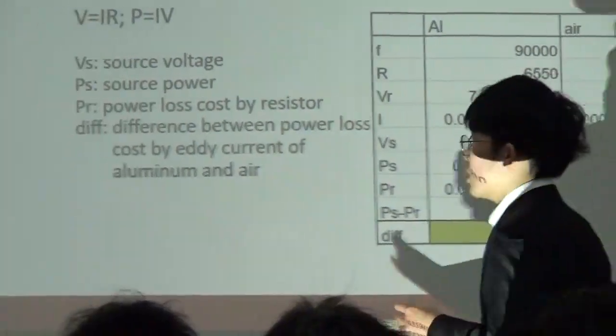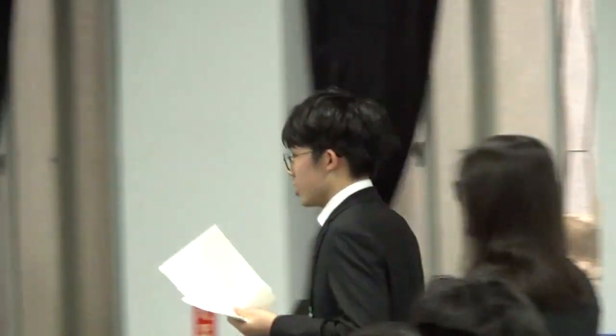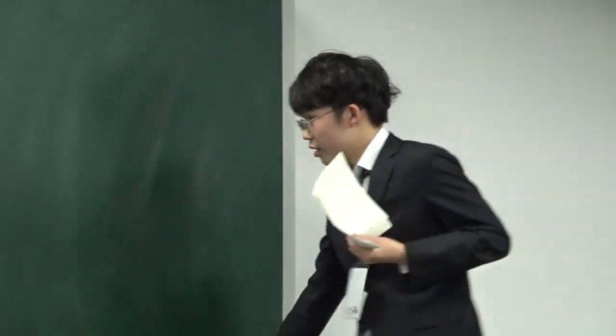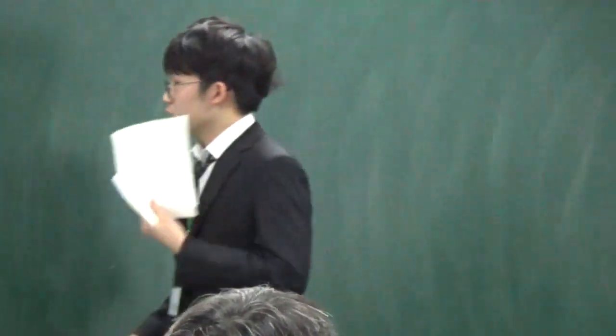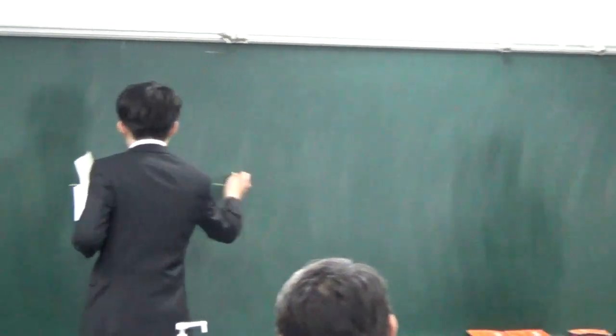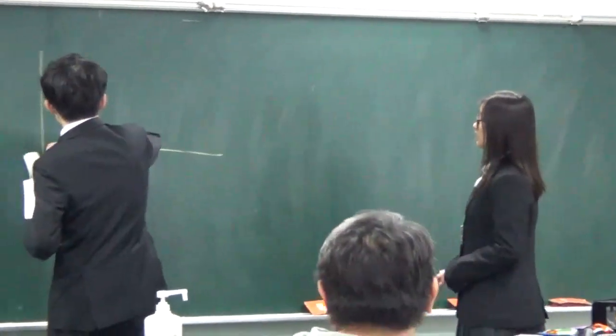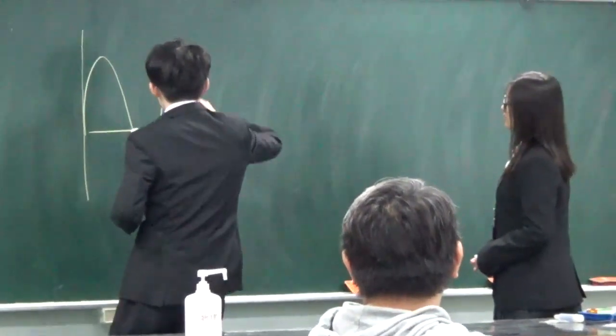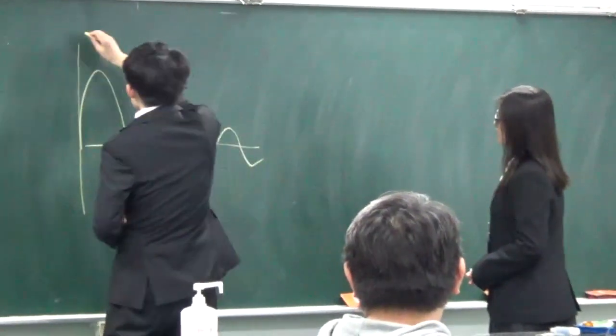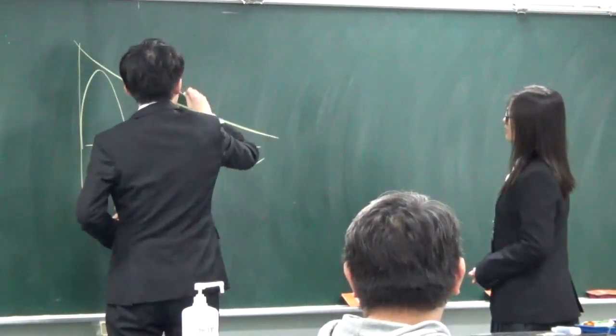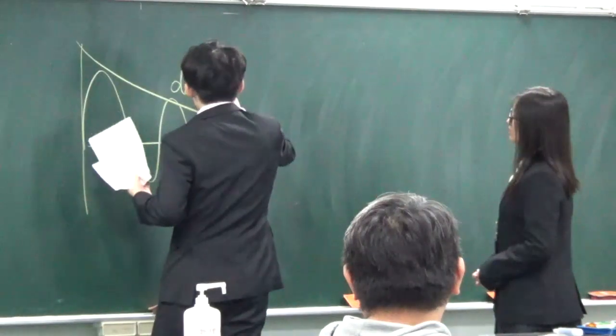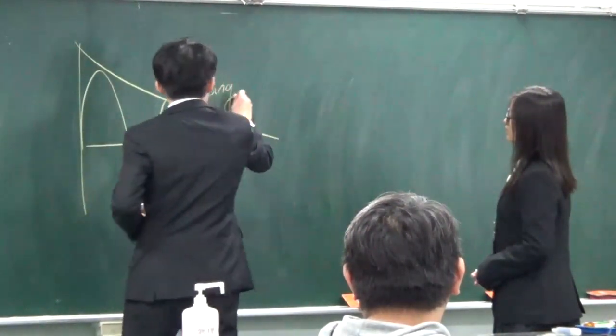Well, I believe in our RLC circuit, if you use the AC source, the current graph will show certain damping because of the energy loss by the resistor.